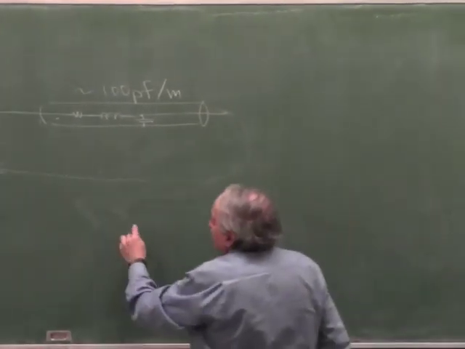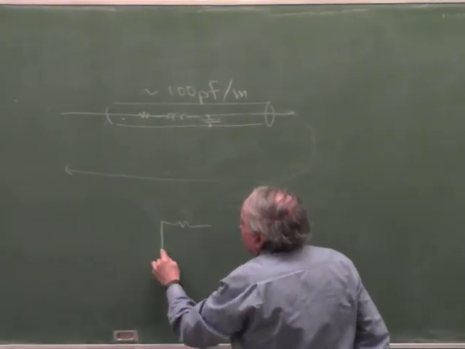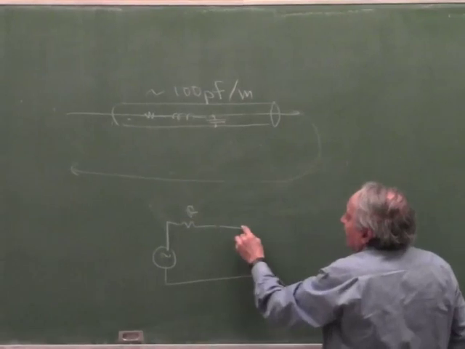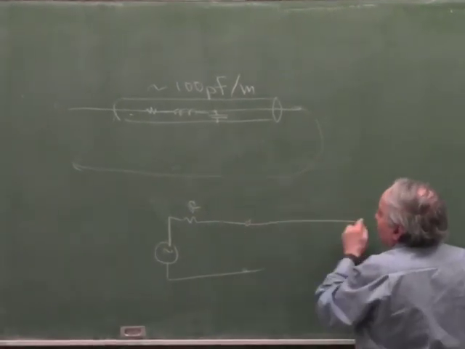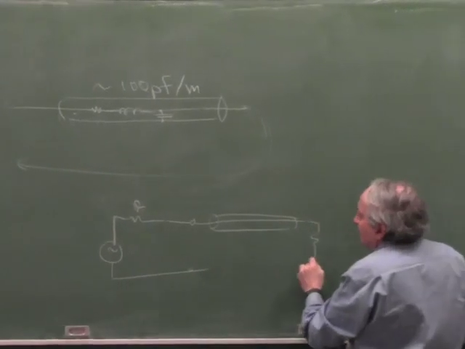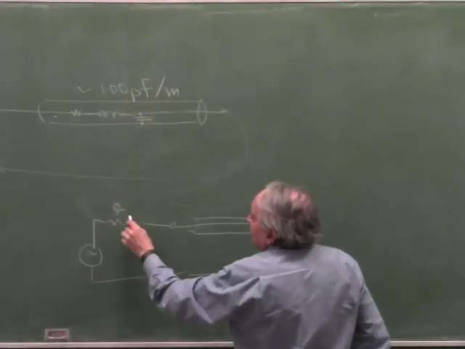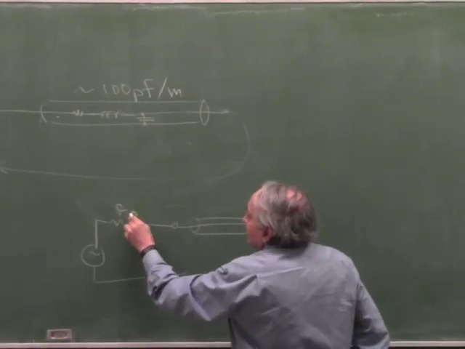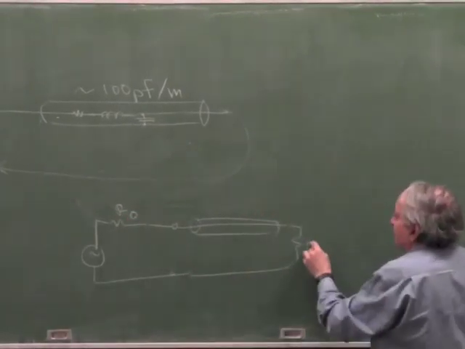So when you drive them, let's say you have an AC source with a resistance R0, and you drive this piece of wire, and you have a load RL.